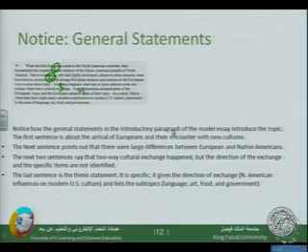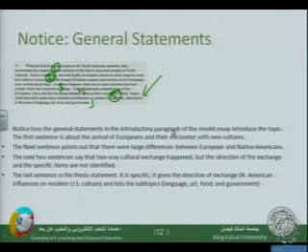The rest of the paragraph, which is the last one, number 5, as a result, this is what we call the thesis statement. It is specific. It gives you the direction of exchange. Okay? So this is the thesis statement.